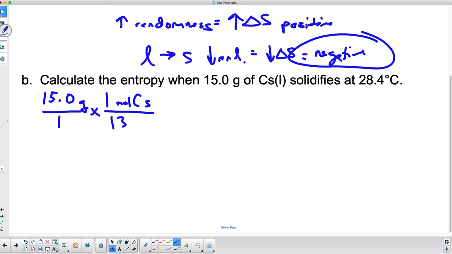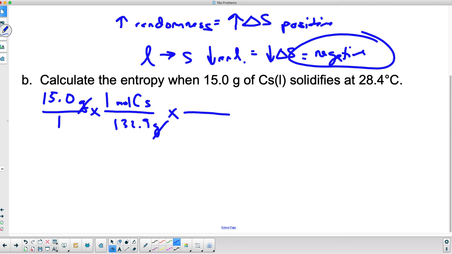Cesium is 132.9 grams per mole. In the problem above, it told us, let's just keep this going so we can do all of this. The grams and the grams cancel. I'm left with moles.